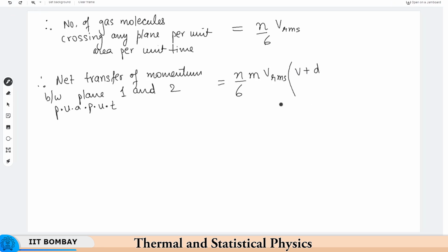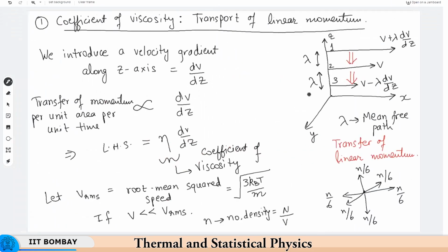So that will essentially be given by n by 6 times m times V RMS times lambda dV by dz minus V. So this is the amount of momentum transfer from plane 1 to plane 2 per unit area per unit time.